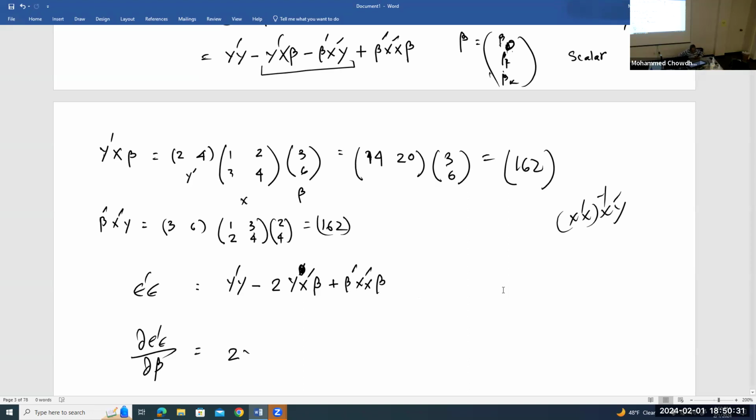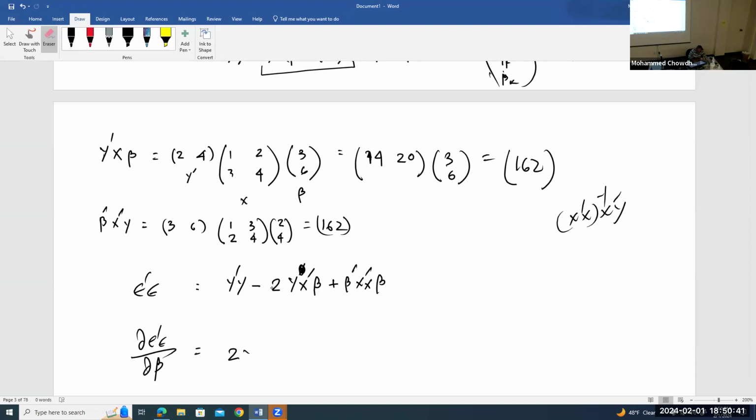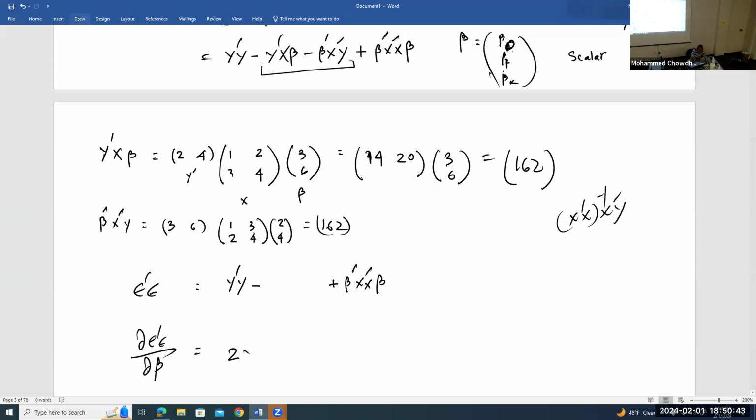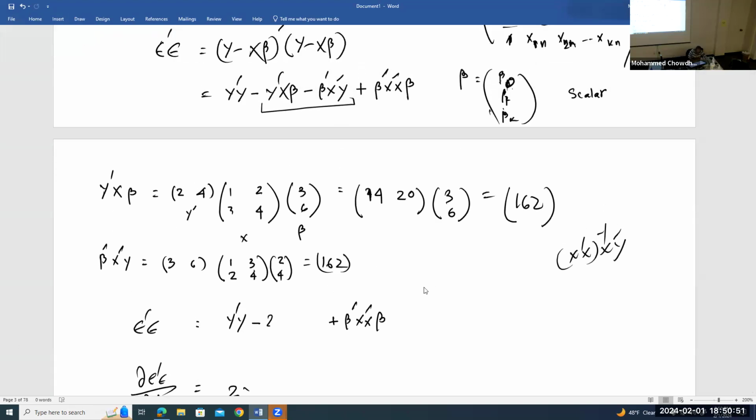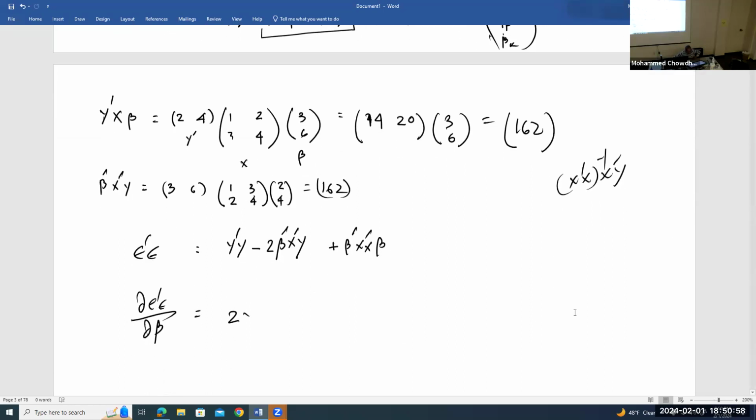So let me write it 2 beta prime x prime y, in this format. In that way, if you differentiate this, there will be 2, then it will be x prime y.